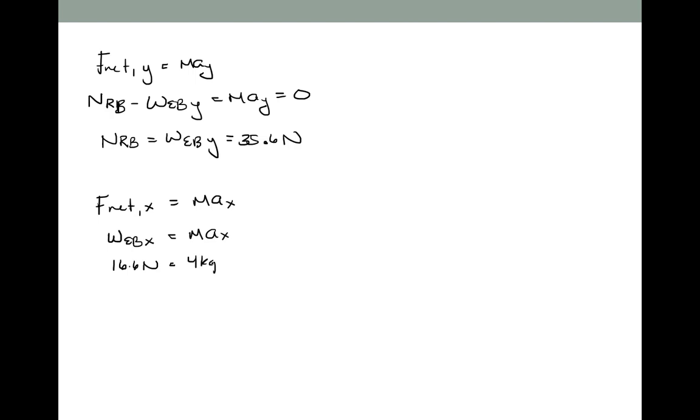This is 4 kilograms times a_x. And if you take 16.6 and divide by 4, you get the acceleration is going to be 4.15 meters per second squared, directed parallel to the surface of the ramp.